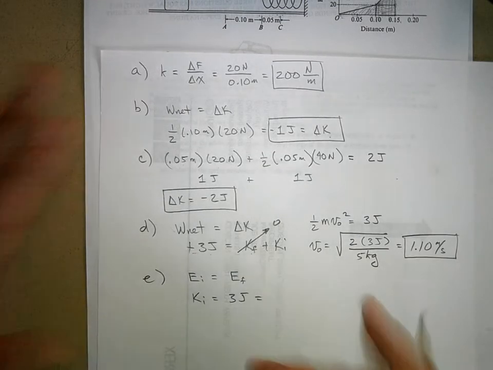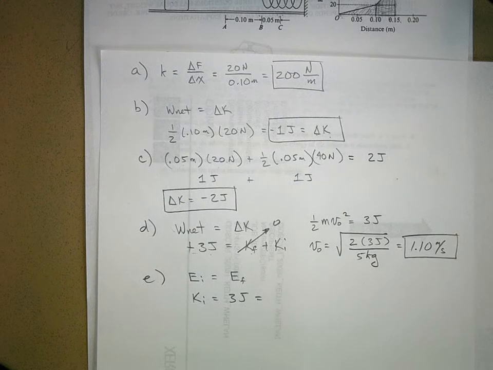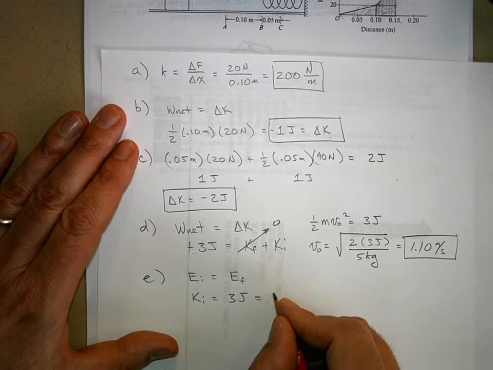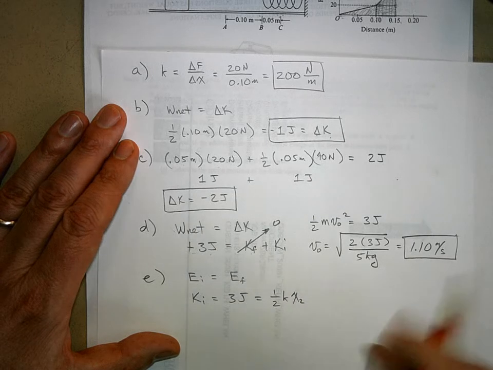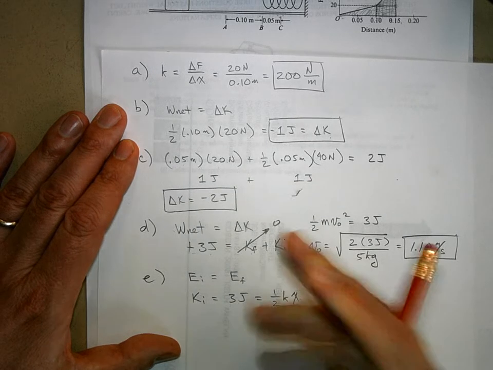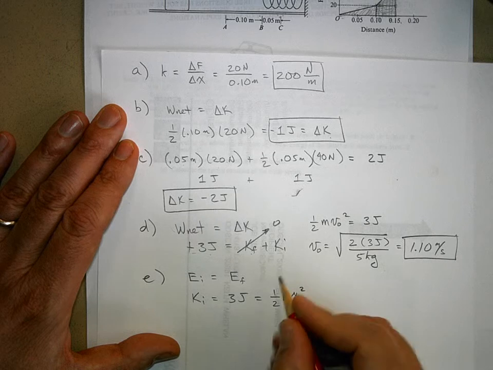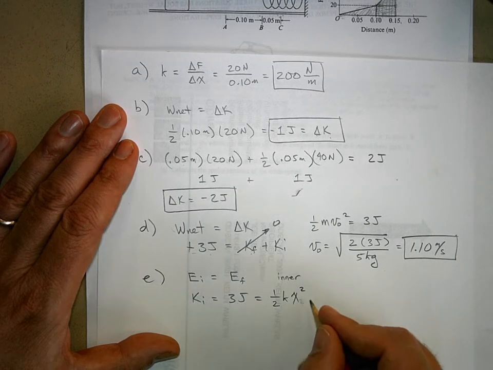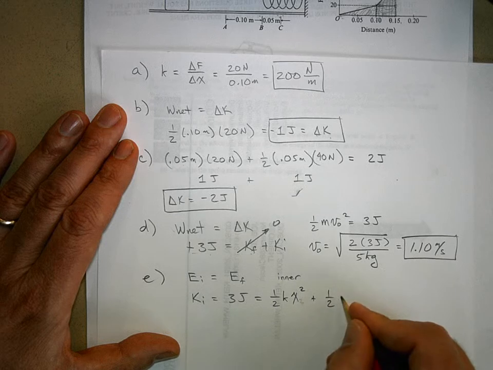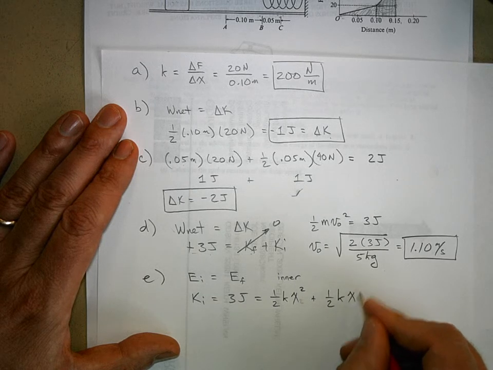Now, what is the energy stored in a spring? It's 1/2 kx squared, and that is on your equation list. We'll put this for the inner spring, and we know this, plus 1/2 k for the outer spring, x squared.